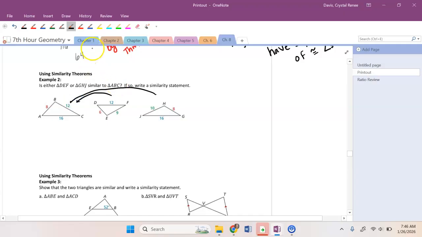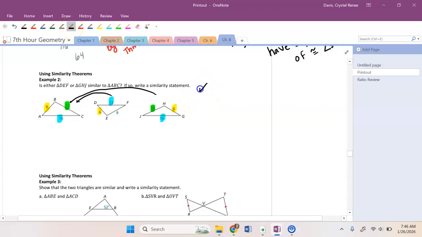Now I know yours is probably in black and white, but if they are similar, the shortest sides would all correspond, the longest sides would all correspond, and the medium sides would all correspond. Now they are color-coded, but like I said, you probably have black and white, so I went ahead and color-coded them. Okay, so in this one, all we have are side lengths.